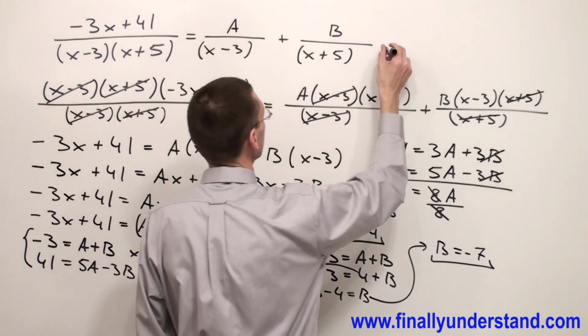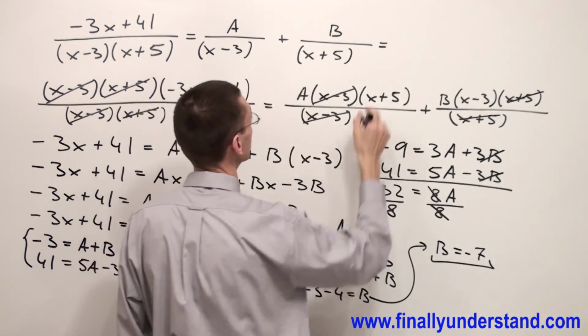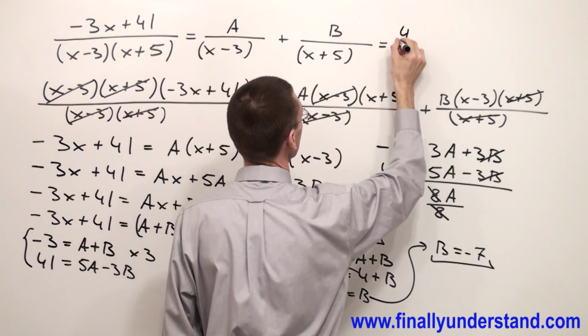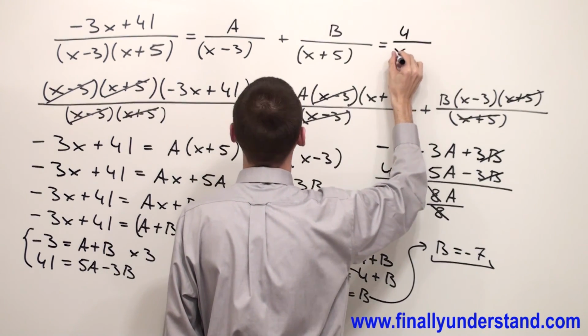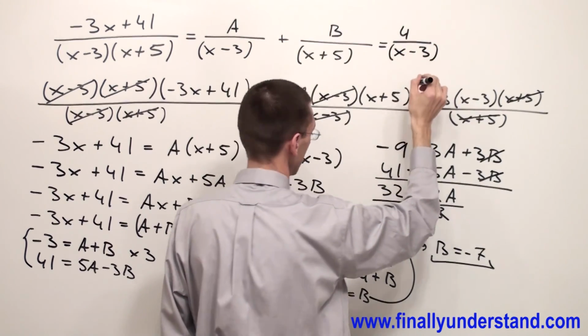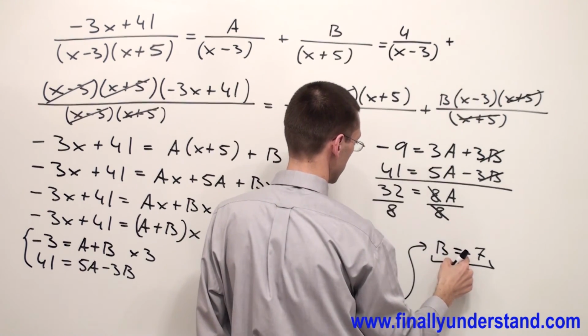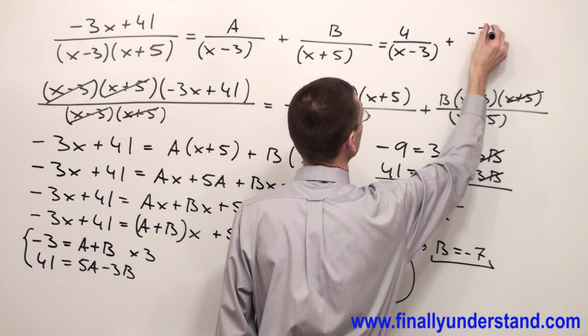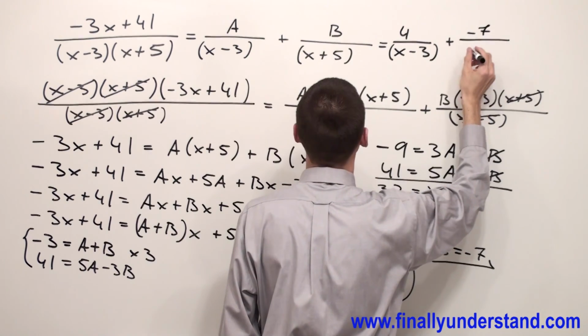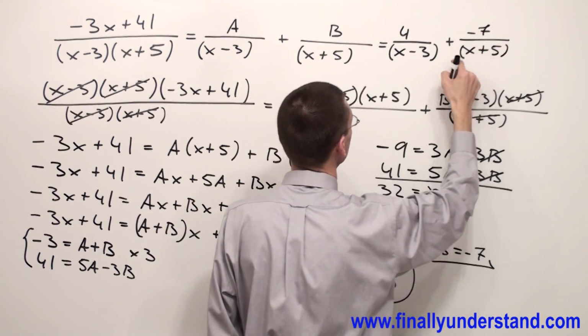Now, let me rewrite the problem one more time, and I have a equals 4 over x minus 3, plus negative 7 over x plus 5.